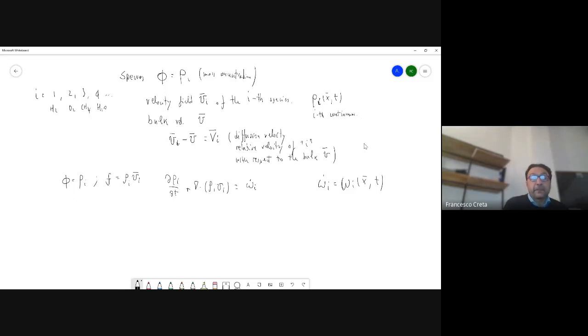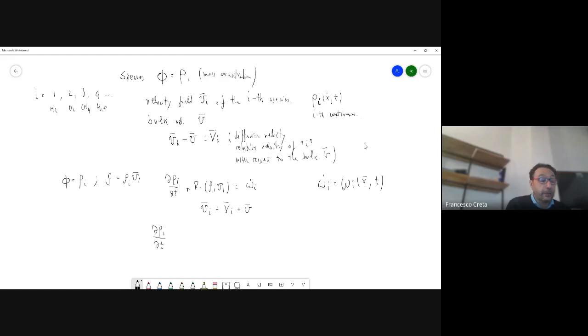So let's substitute the fact that V I is actually a diffusion velocity, which we haven't defined yet. We haven't defined anything yet, if you think about it, and a bulk velocity, okay? And so you'll see that essentially the conservation equation for species I can be written as d rho I by dt.